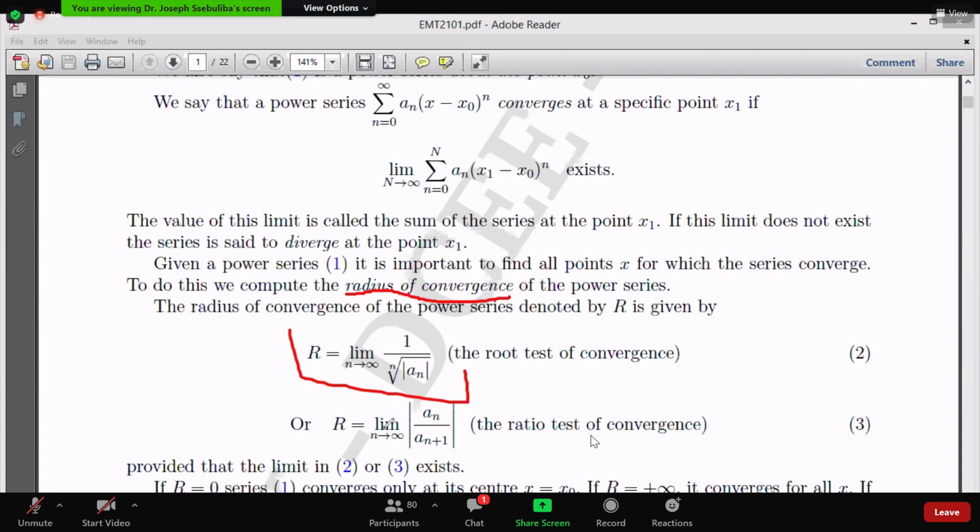Or R could be the limit as n approaches infinity of a_n over a_(n+1), and this is the ratio test for convergence. We are going to do some examples on (2) and (3) in a short while. Before the end of this session, we'll have understood more of (2) and (3).